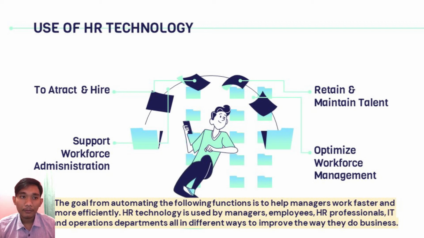The goal of automating the following functions is to help managers work faster and more efficiently. HR technology is used by managers, employees, HR professionals, IT, and the operations department, all in different ways to improve the way they do business.